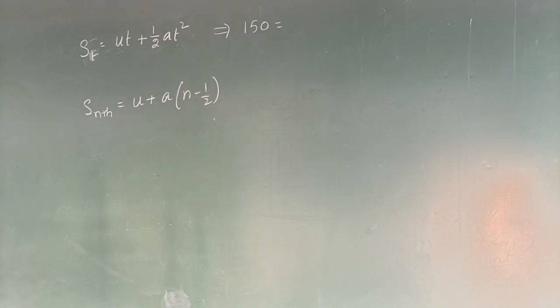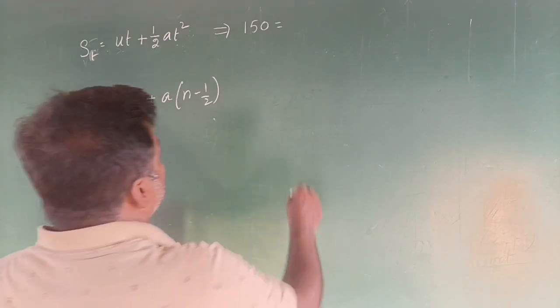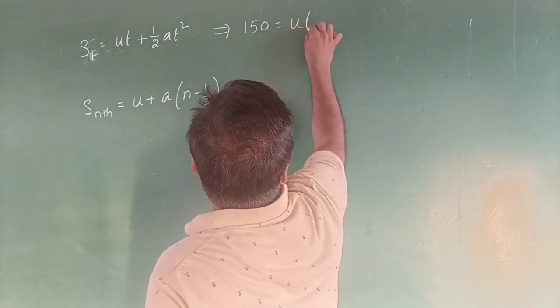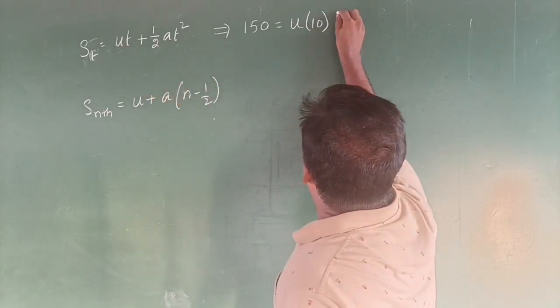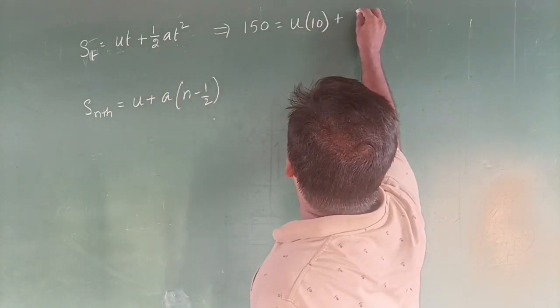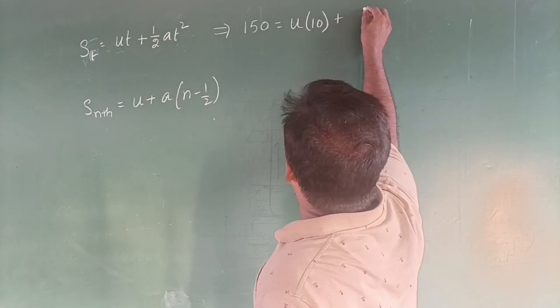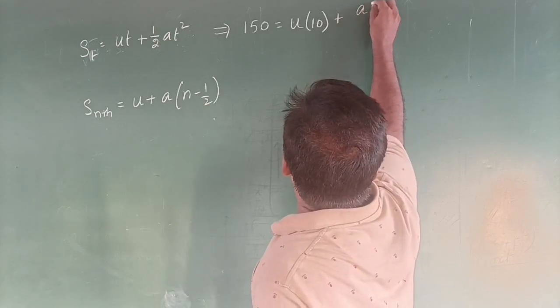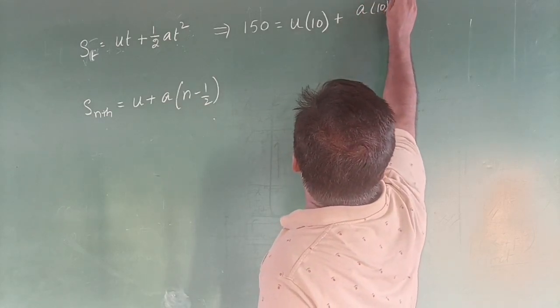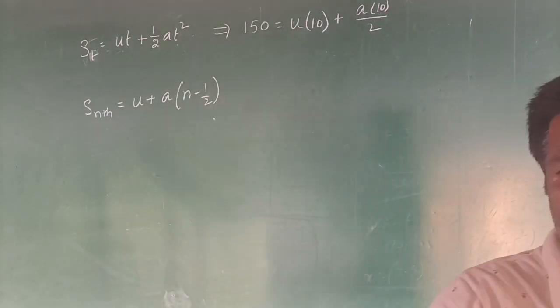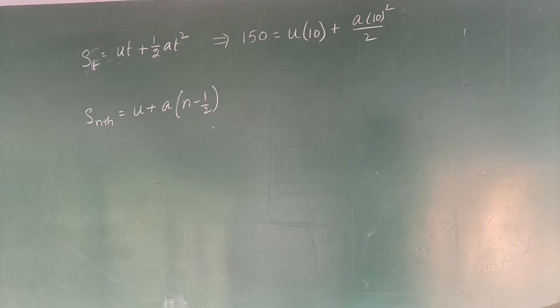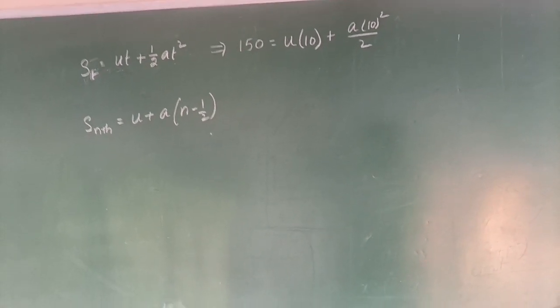That is, 150 is equal to u into 10 seconds plus half at square, a into 10 square whole divided by 2. You can write like this.